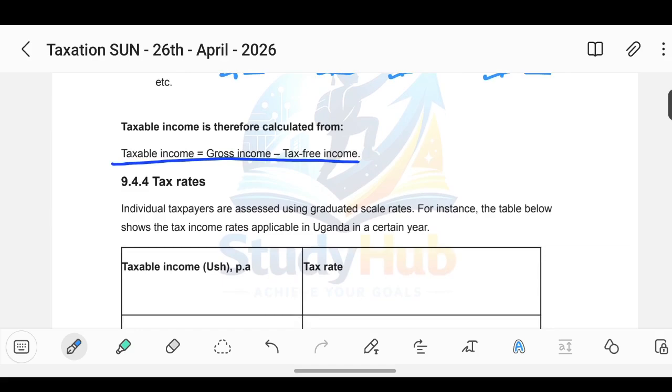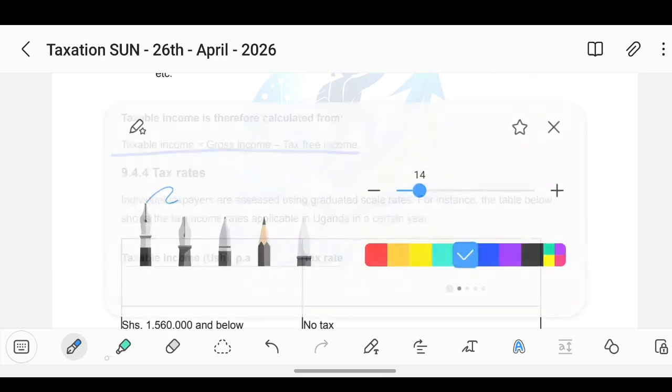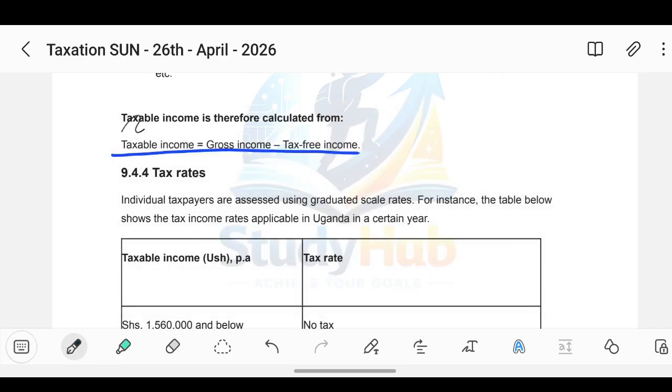So we move on to our formula. This is where we are going to center our math. So sometimes in mathematics, if you know the formula, it will guide you. So our formula is taxable income equal to gross income minus tax-free income.